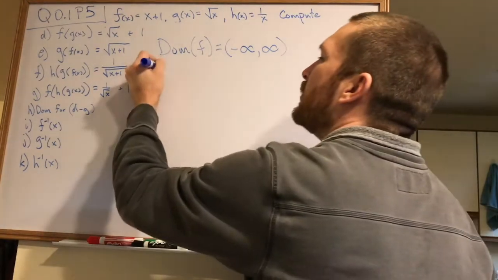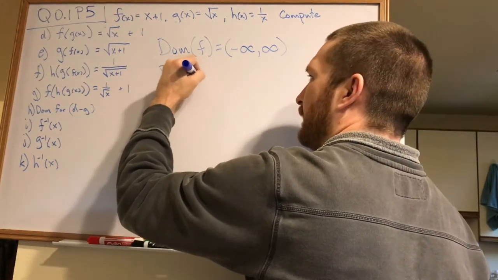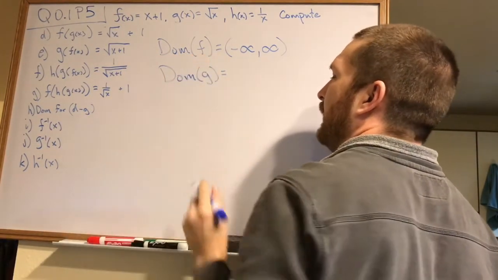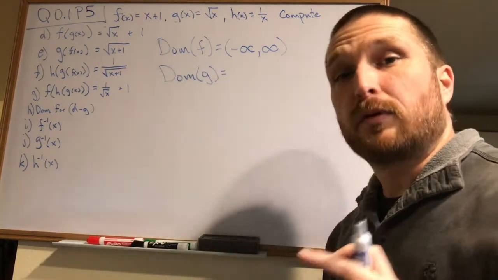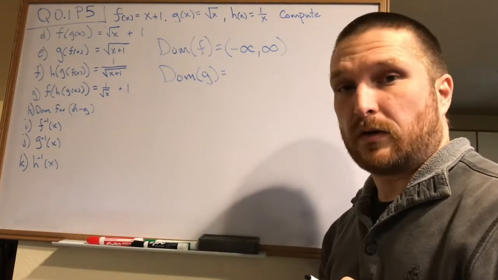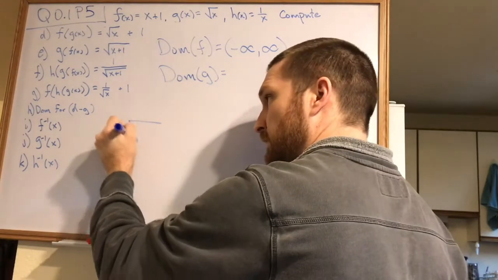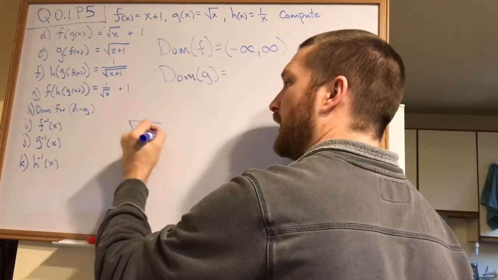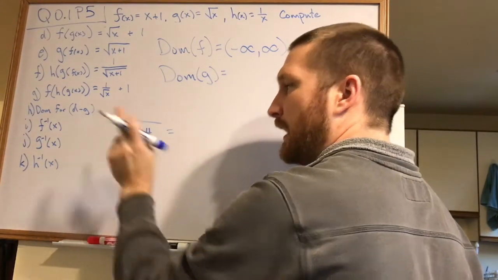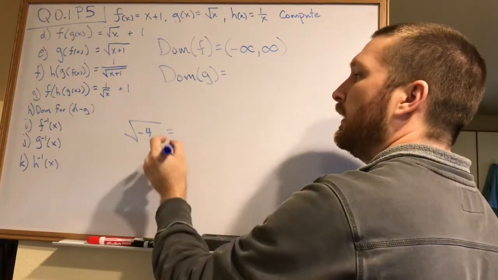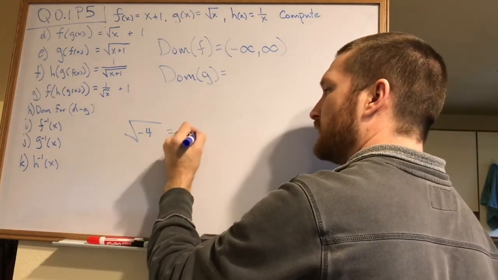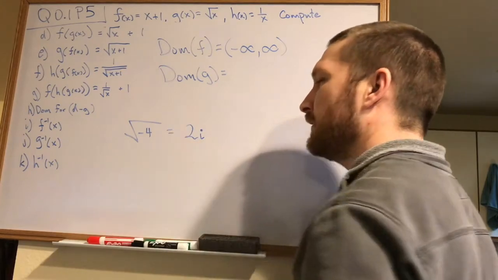Now, the domain of g. You can put a negative number into a square root. It gives you a complex number, right? So we're taking the positive square root like that, and it turns out that this is 2 times the imaginary unit.